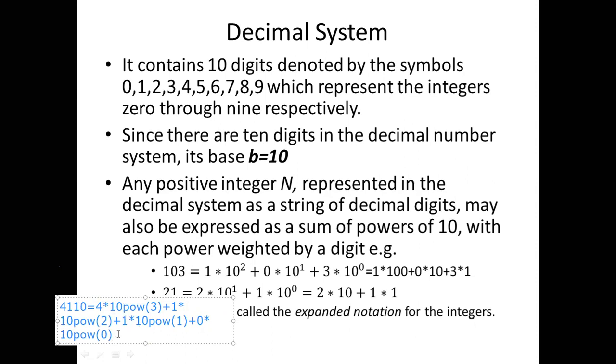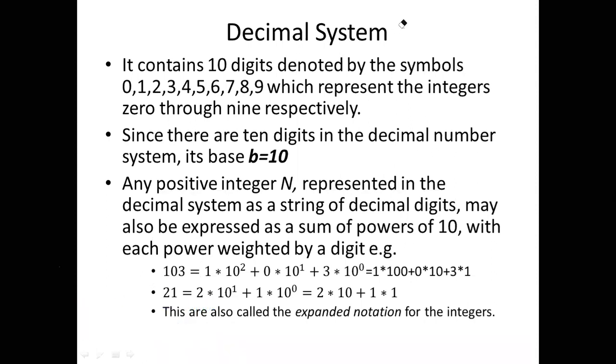We can go on to simplify this, which means this will be the same as saying 4 times 10 to the power of 3, that's 1000, plus 1 times 10 to the power of 2, that's 100, plus 1 times 10 to the power of 1, that's 10, plus 0 times 1, that will give us 0. Of course, you can say 0 times 1, but that will give us a 0. All right. So that's how you do the conversion, or that's how you express them in their expanded notation.